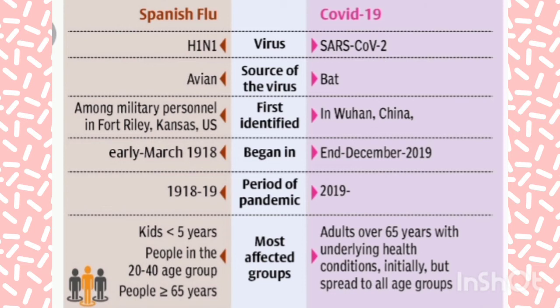The source of the Spanish flu virus is avian, while for COVID-19, the source is bats. The first case identified for Spanish flu was among military personnel in Fort Riley, Kansas, US, while the first case for COVID-19 was discovered in Wuhan, China.